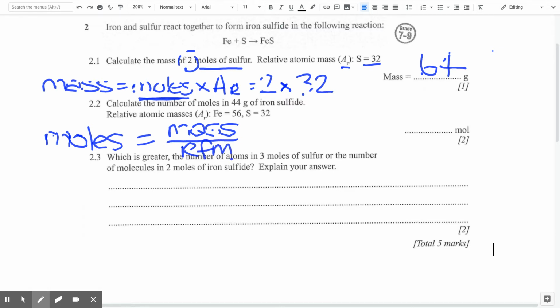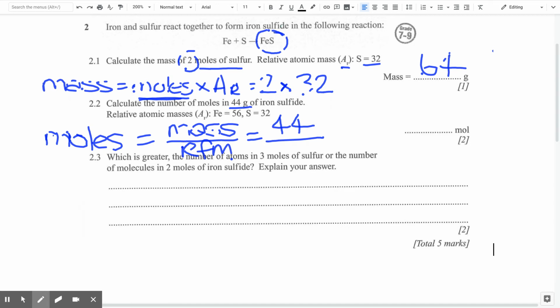We know in the question that we have got 44 grams, so the mass is 44. We need to divide that by the RFM of iron sulfide. Now we're told at the top of the page that the formula of iron sulfide is FeS. So we know we've got one lot of iron and one lot of sulfur in that compound.